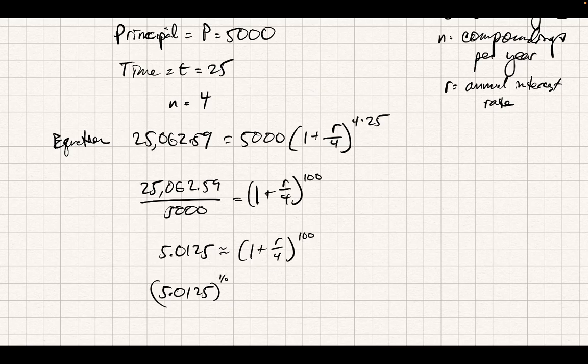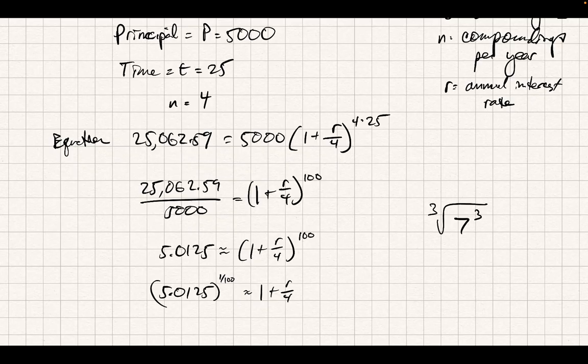If this is a fourth power, I would take the fourth root, right? How do I undo a cube? You take the cube root, or you multiply the exponent by 1/3.